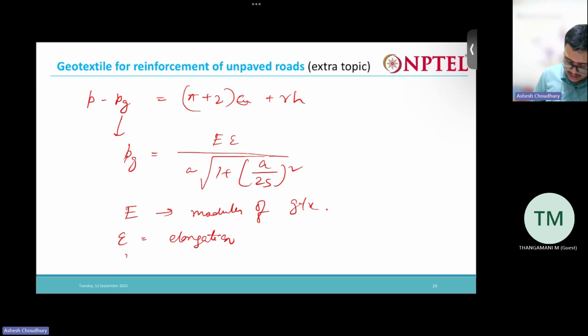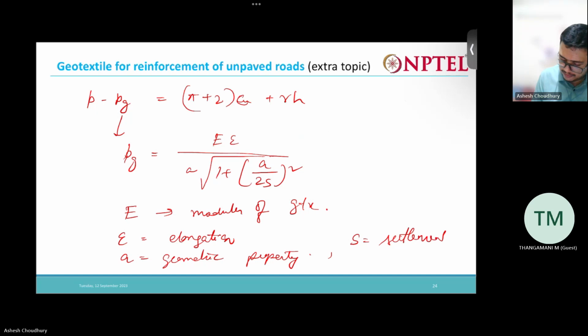What is A? Geometric property. What is S? S is the settlement under the wheel. Okay.